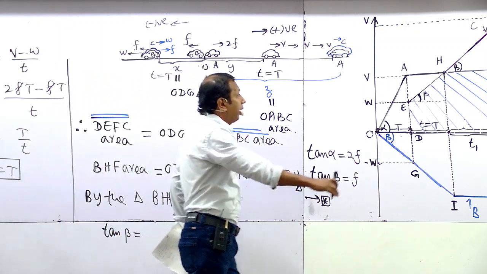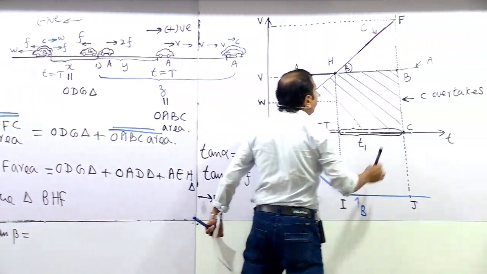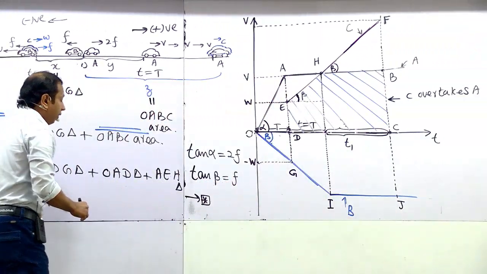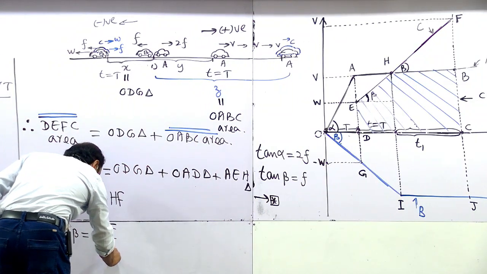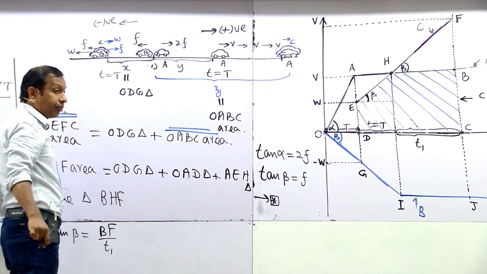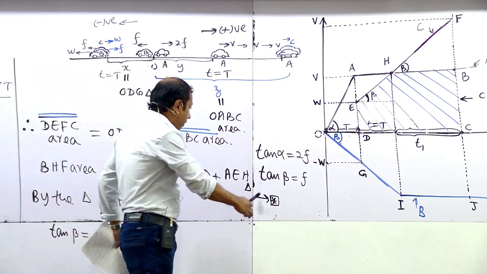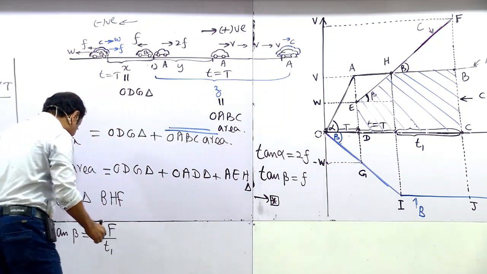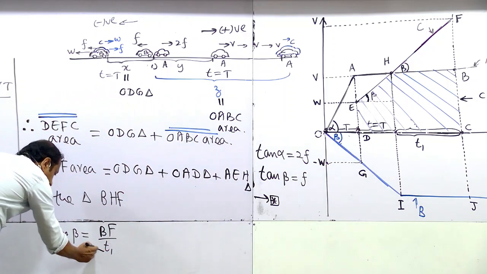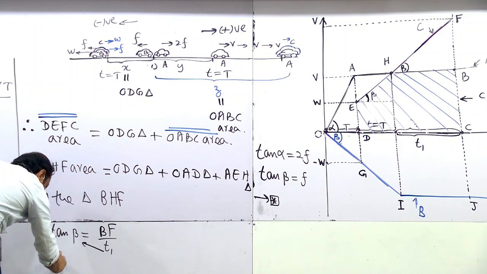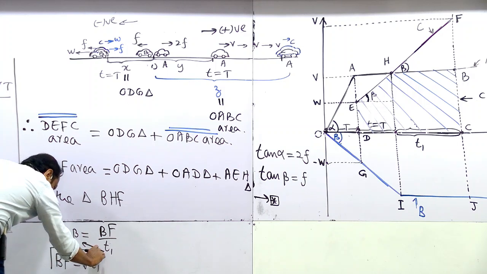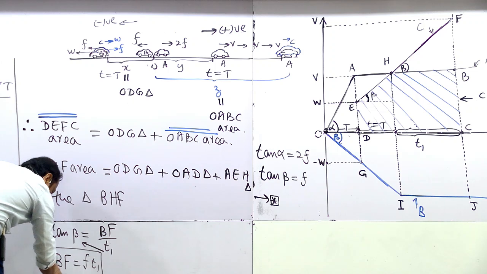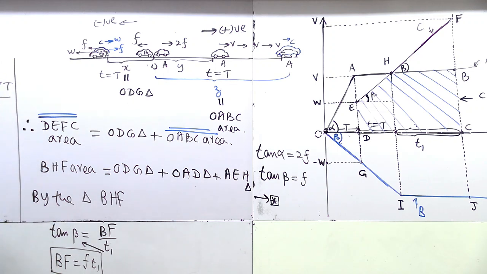Tan beta is BF divided by T1. If we bring this here, we get BF equals FT1.